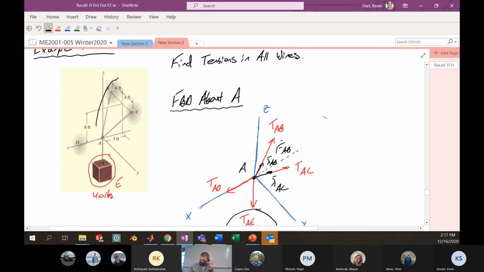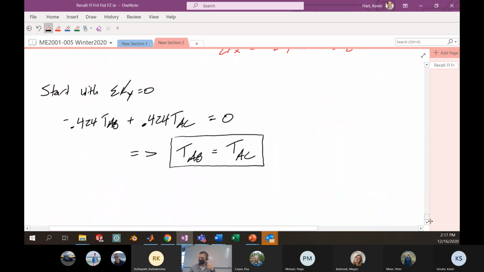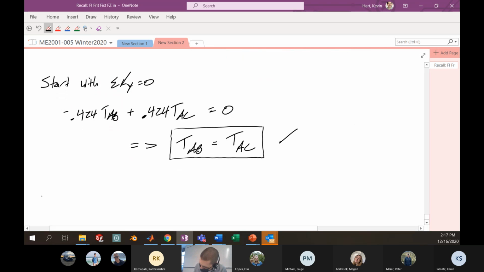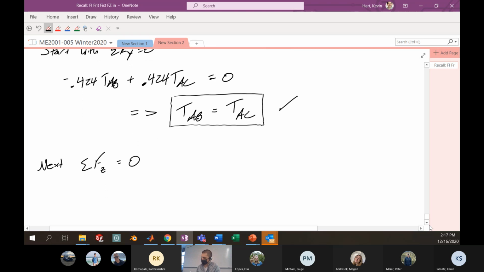And so because of the symmetry of this guy and this guy being the only guys that are loading anything in the y direction, we would expect that they would have equal contributions or equal tensions because they're mirrored about that XZ plane. So it's interesting to see that manifest in the math. Okay, so that's a nice finding there. All right, next. Let's move on to one of the other directions. We can go either way, but let's do z first, since we actually have the weight of that crate. Can it help us?